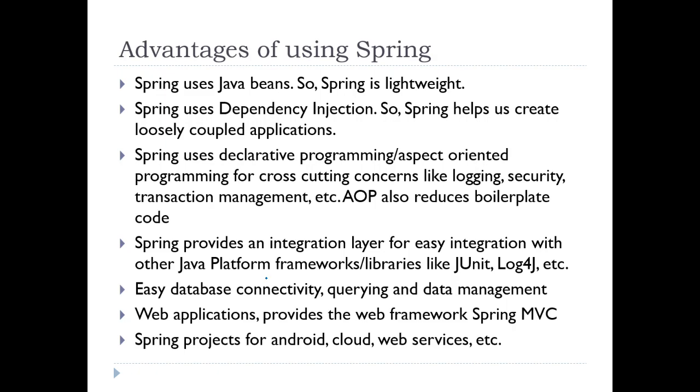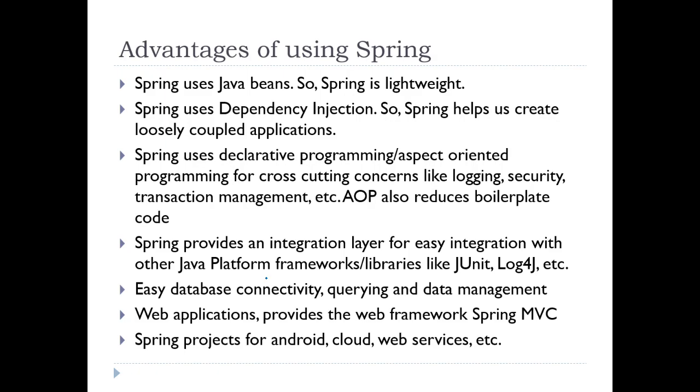The client won't verbally say that he needs security and transaction management in his system, but these are cross-cutting concerns. So along with developing the application for the client, we will also have to take care of security and transaction management as a developer.